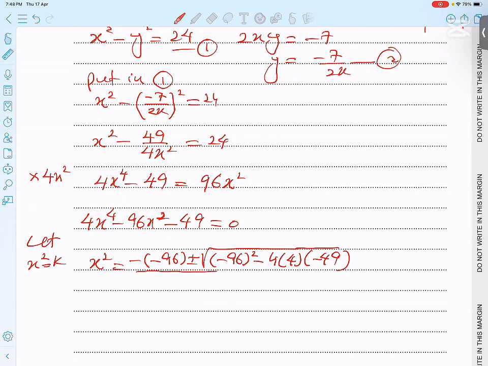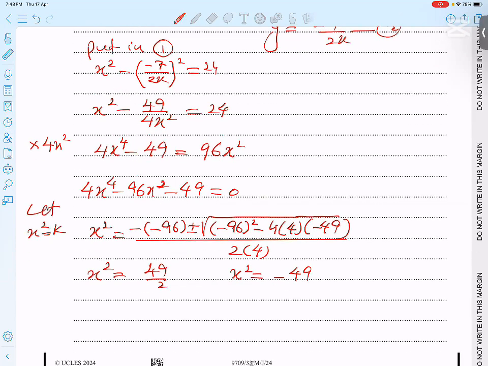This step you have to show to the examiner. If you check in the calculator, we are getting 2 answers. You can use the mode function and check in no time. I got the first answer 49 over 2. The second answer is negative 49.